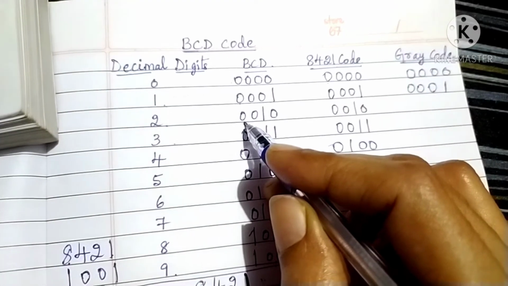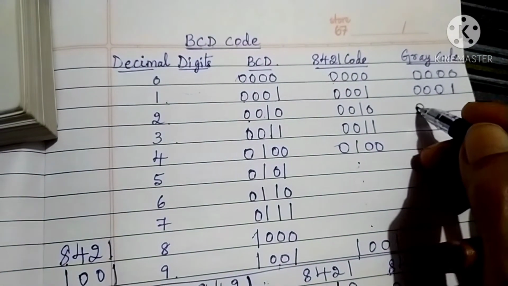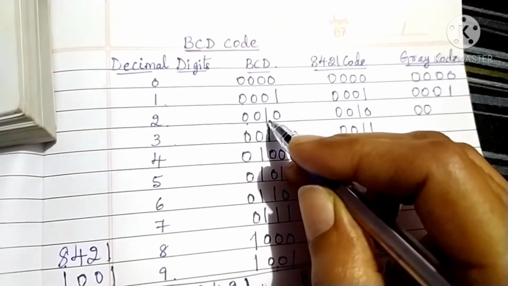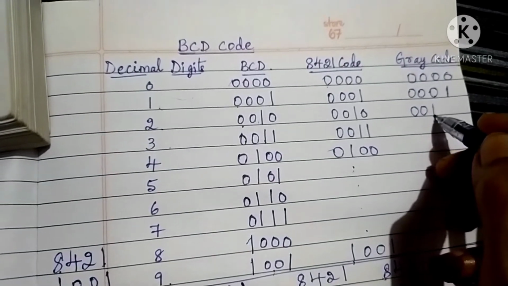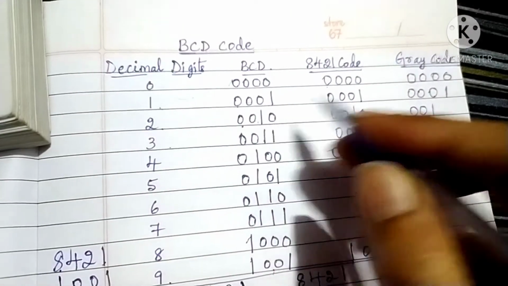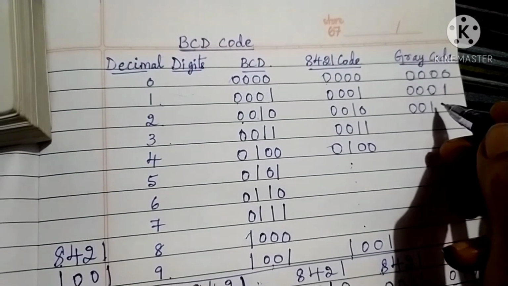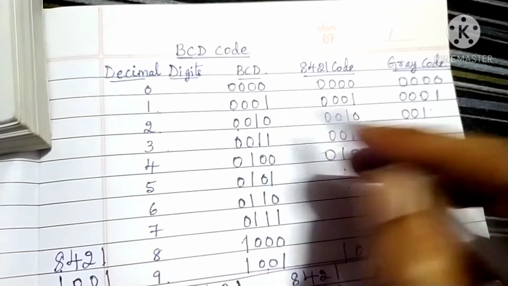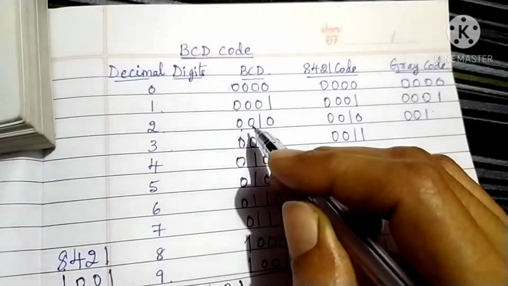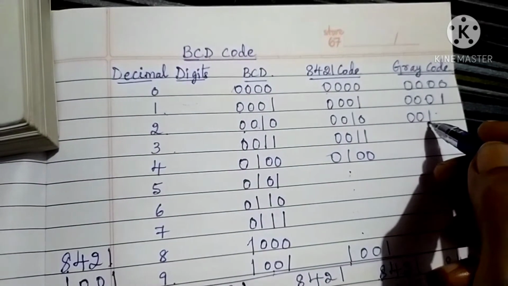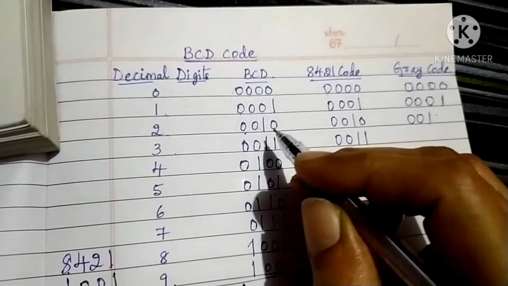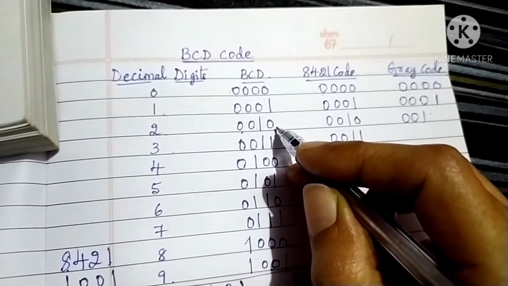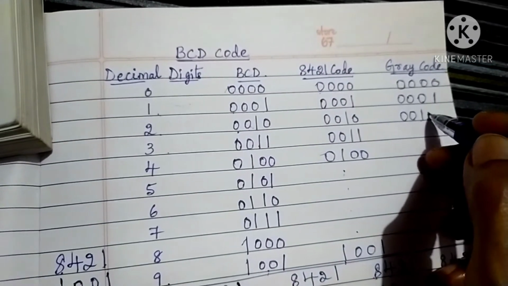Next, write the most significant bit 0. 0 XOR 0, 0. 0 XOR 1, 1. 1 XOR 0, 0 XOR 0, that is 0. 0 XOR 1, that is 1. For 1 XOR 0, 0.